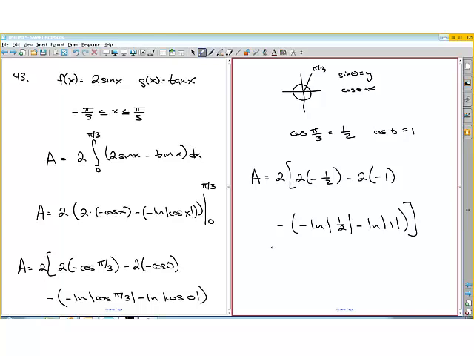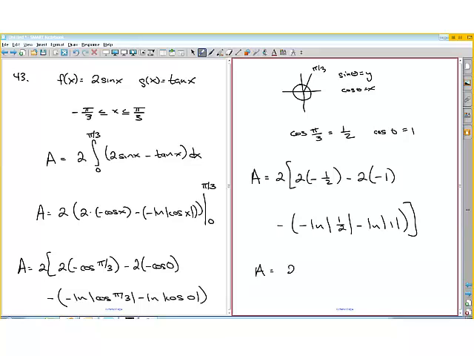Not sure what it is. Yeah, I think it's because, okay, I understand. They always leave out a lot of steps.